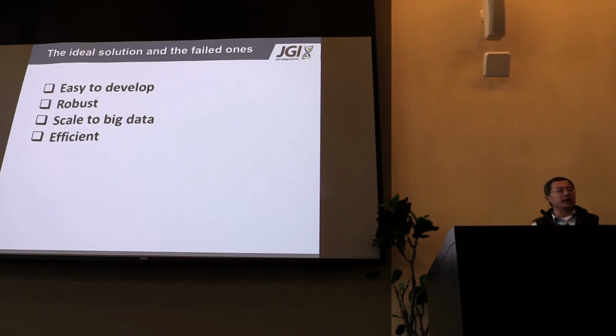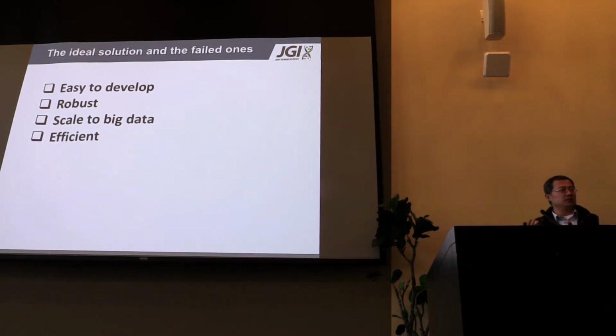We also like the solution to be robust. With many bioinformatic tools, if you ever touch them, 50% of them just don't run in your environment. And of course, we'd like to scale to big data without changing the code, ideally.